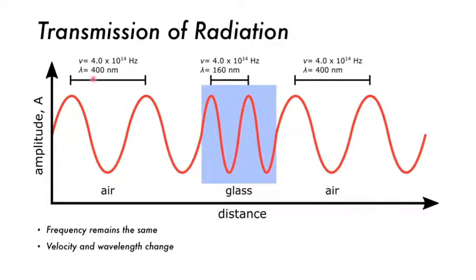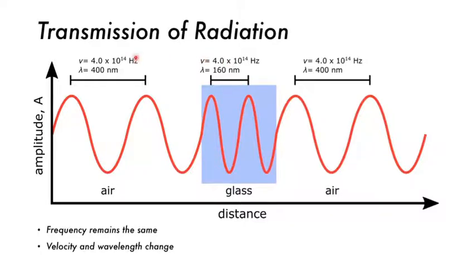So for example, in air, we're saying here that the wavelength is 400 nanometers. But then if we pass the radiation through glass, it shortens the wavelength to 160 nanometers. So what's happening here is air is less dense than glass. So it's going from less dense to more dense. It's getting shorter, the wavelength that is.